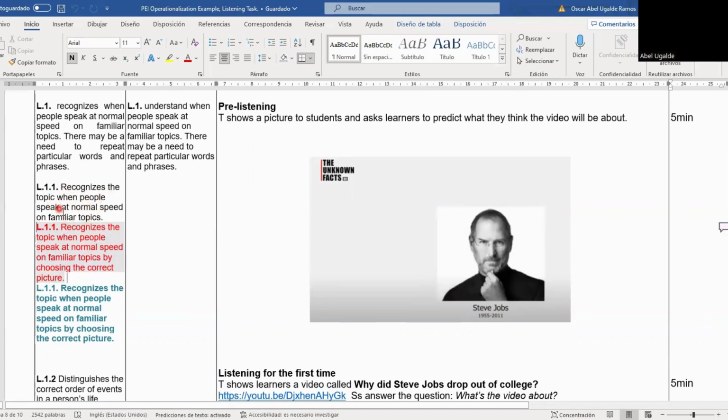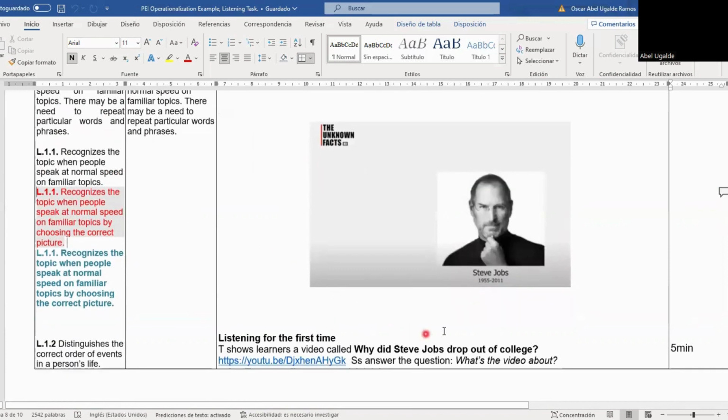This is taken from listening for the first time. That's what students are going to do. But Oscar, Abel and Ignacio are going to do it a little bit differently. For example, you see I have the same code, L1.1, I just change it so that it matches what my students are going to do.